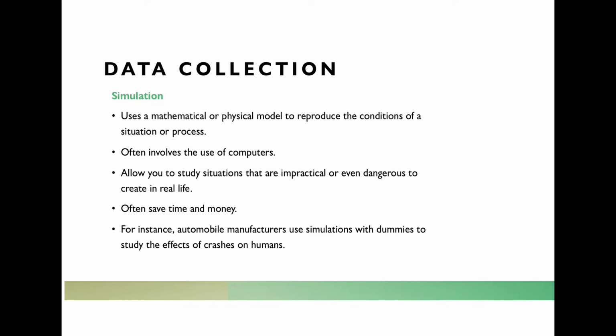Another more modern way that we've been able to collect data is through simulations. This is definitely a more modern thing because a lot of times it involves the use of computers. In a simulation, we use a mathematical or physical model to reproduce the conditions of a situation or process.